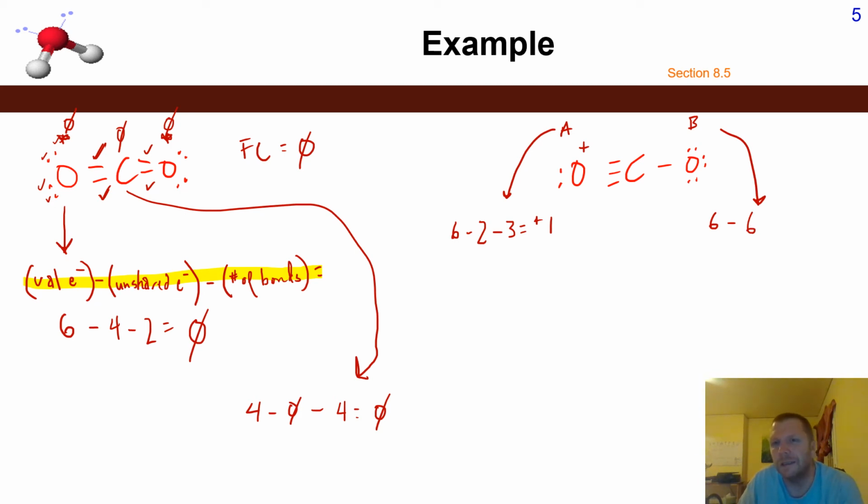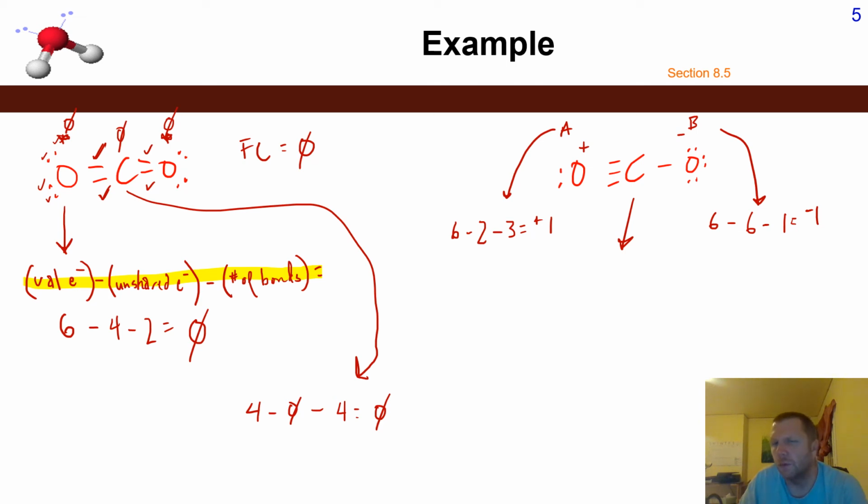It has 6. And then, how many bonds does that oxygen have? It's got 1. So the charge for this is -1. Okay, so now I'm looking at a CO2 molecule with a positive charge on one end and a negative charge on the other end. Just for completion's sake, let's talk about this carbon.